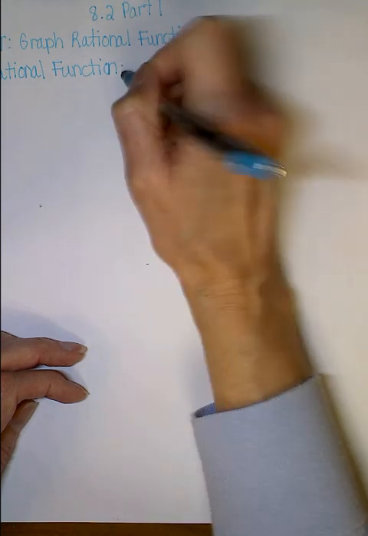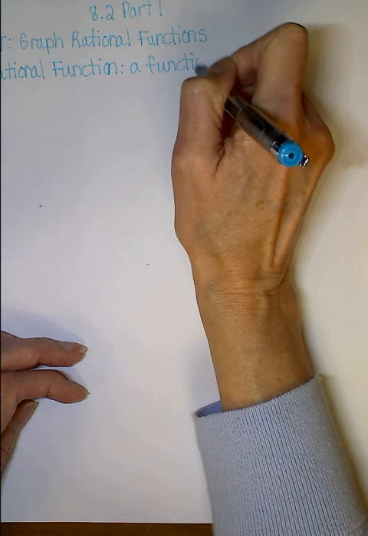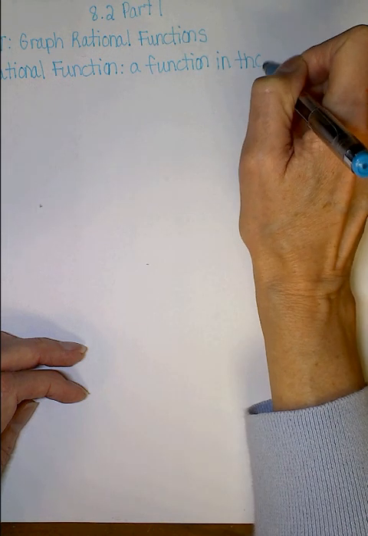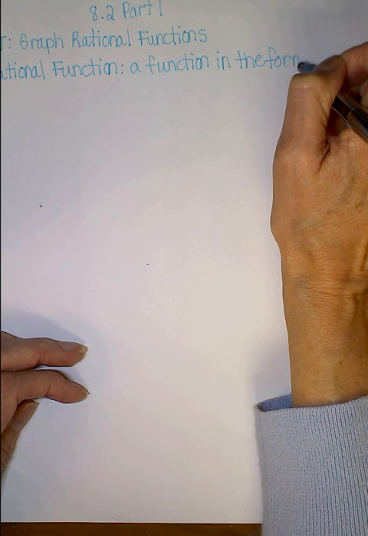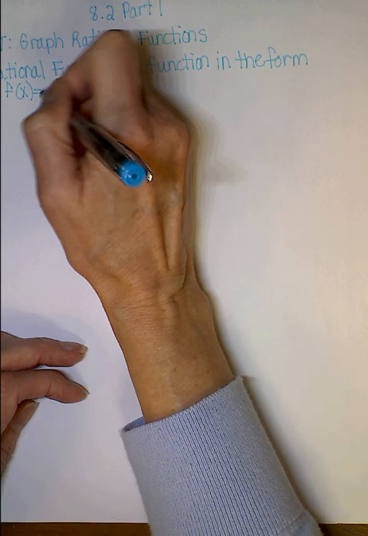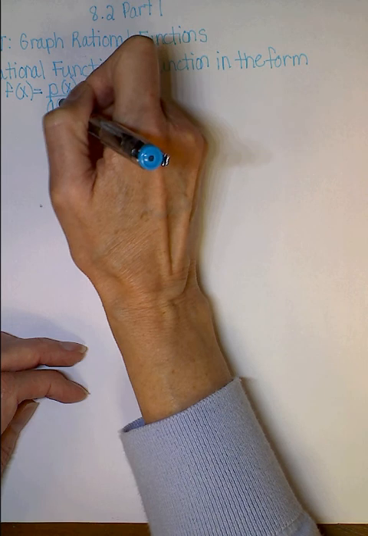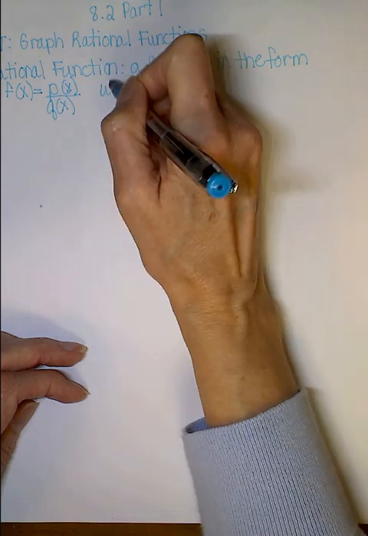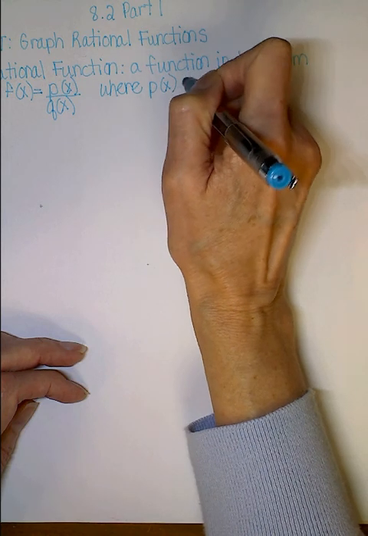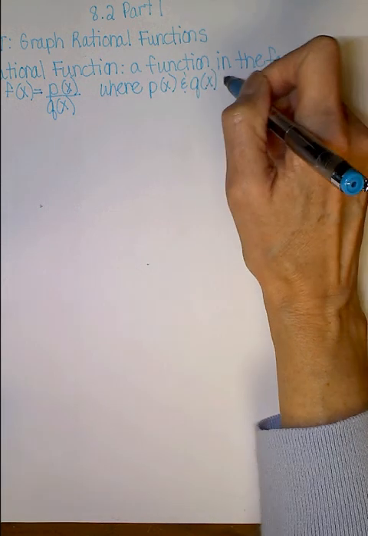Okay, this is a function in the form f of x equals p of x over q of x, where p of x and q of x are polynomials.